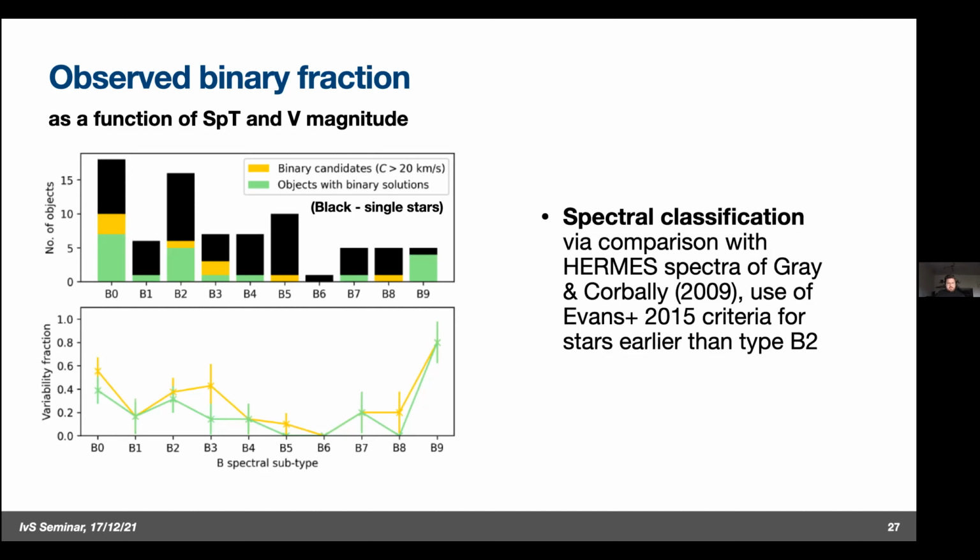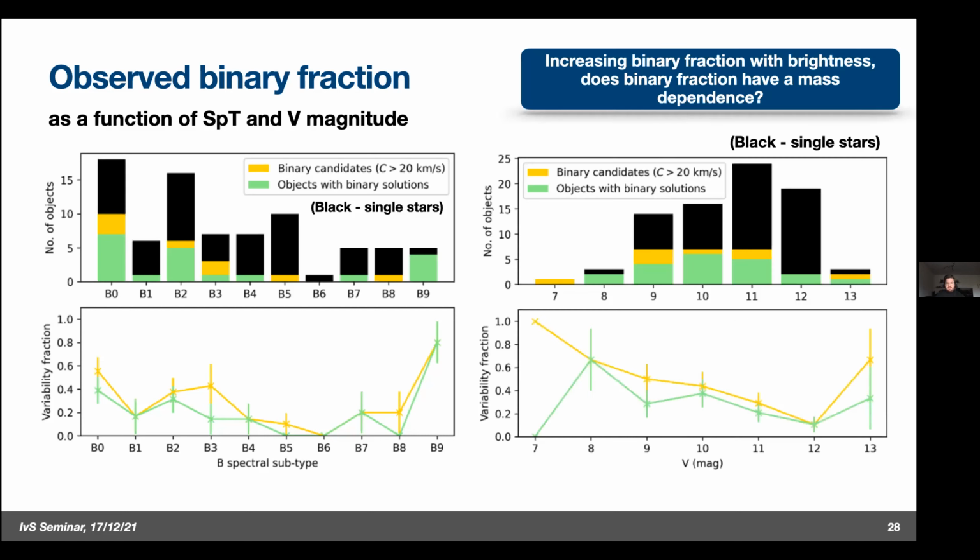There could be an incompleteness effect here, where we don't have a complete population of the latest B stars in the sample, so the B7s, B8s, B9s, for example. We can also look at the brightness distribution of the stars, and you can see that this trend becomes more pronounced. The bottom bins of the brightness distribution could also be subject to more radial velocity scatter, because the dimmest stars will have the noisiest spectra.